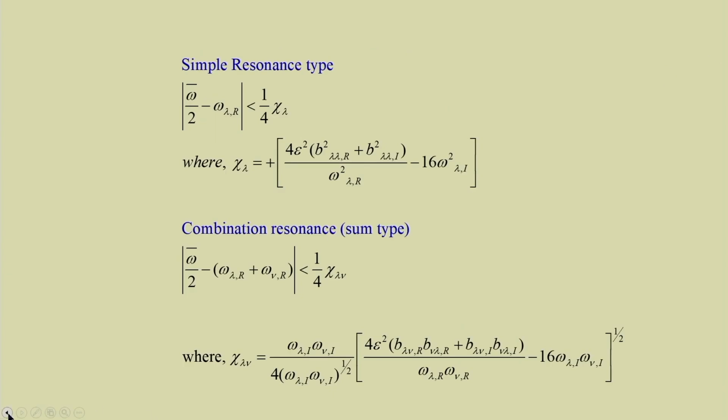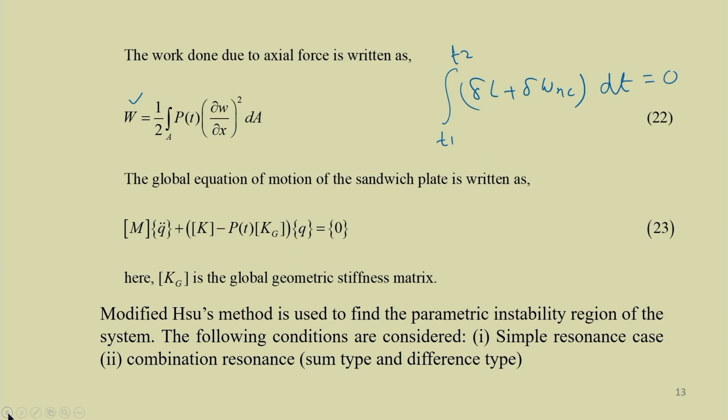So, the governing equation of motion can be written in this form, and here it can be noted that in this governing equation the coefficient of q is a time varying term, that is Pt into kg, Pt into kg is the time varying term. So, that is why this equation is known as that of a parametrically excited system.